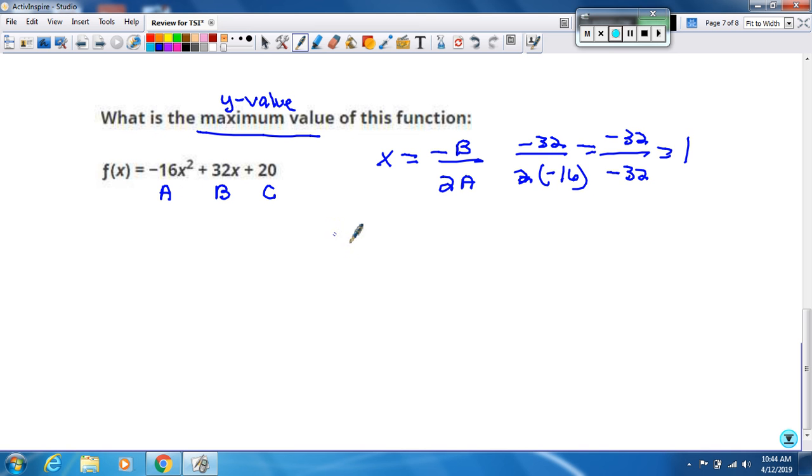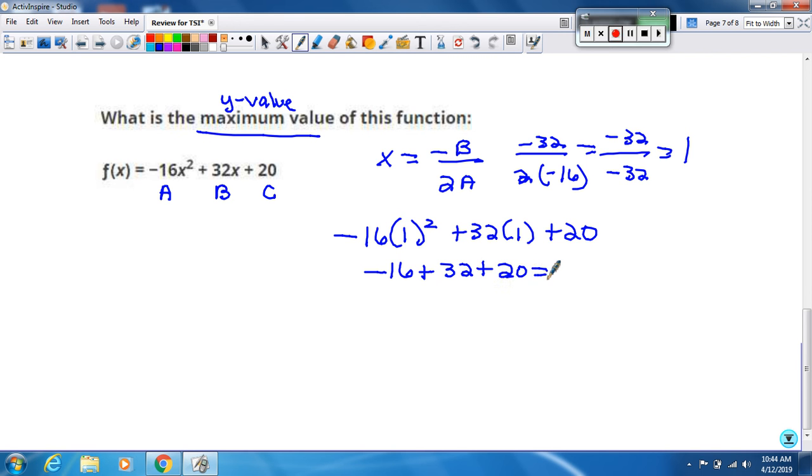Then you take the equation and plug in 1 for all the x's. So negative 16 times 1 squared plus 32 times 1 plus 20. Okay, exponents first. 1 times 1 is 1, times negative 16 is negative 16. 32 times 1 is 32, and you add 20.